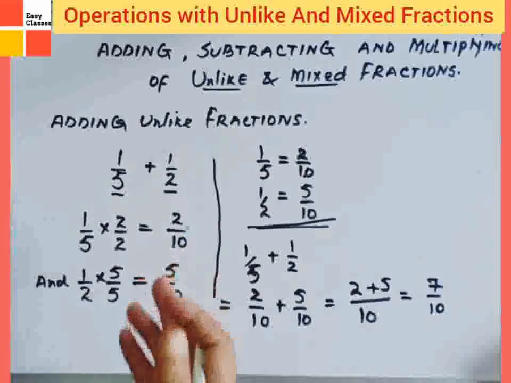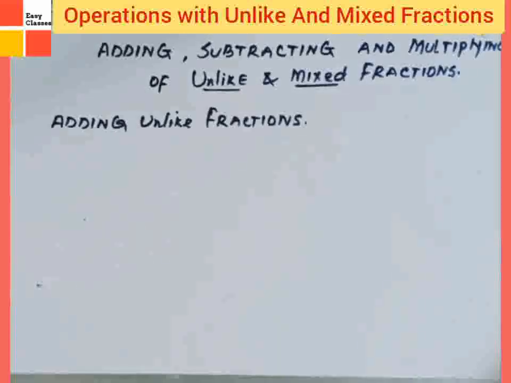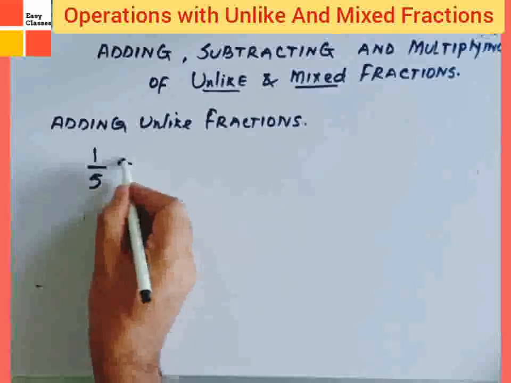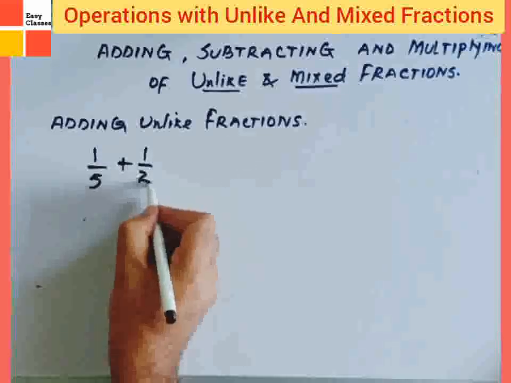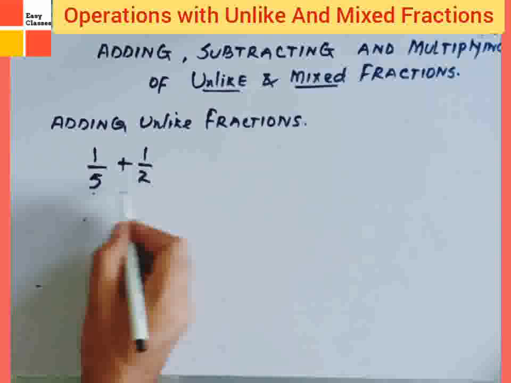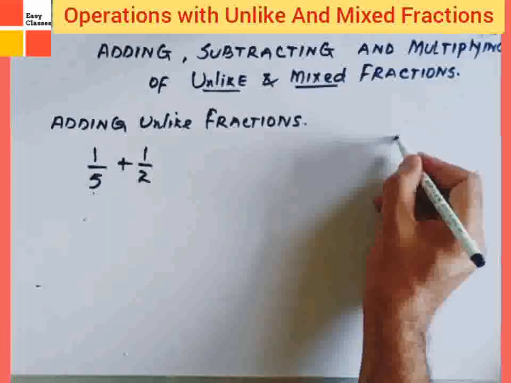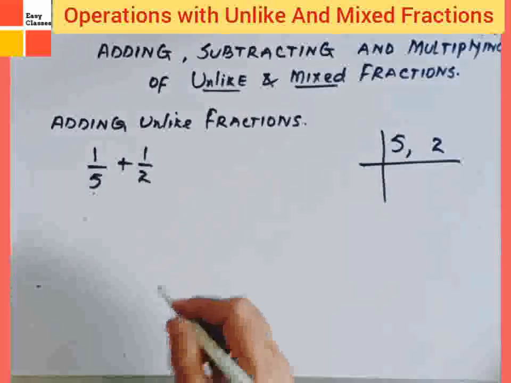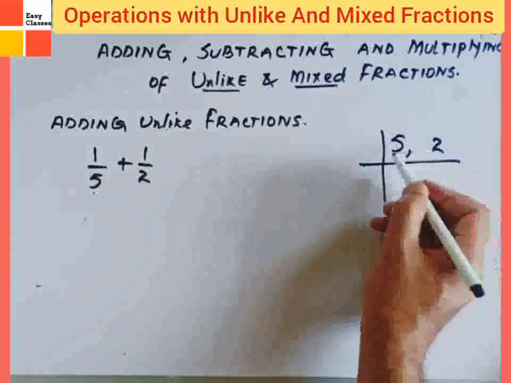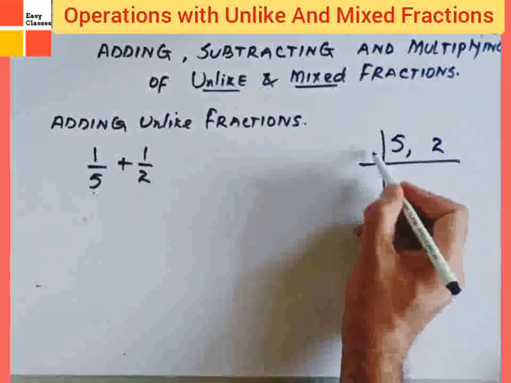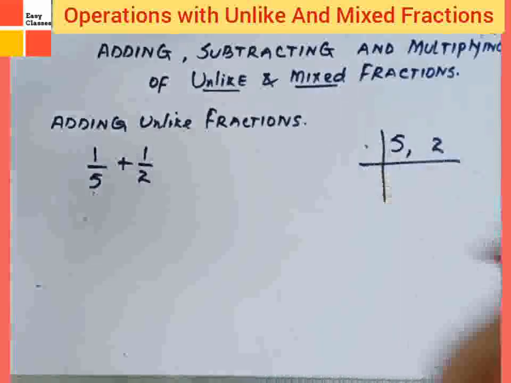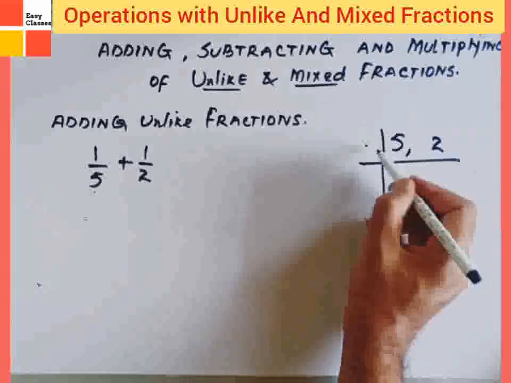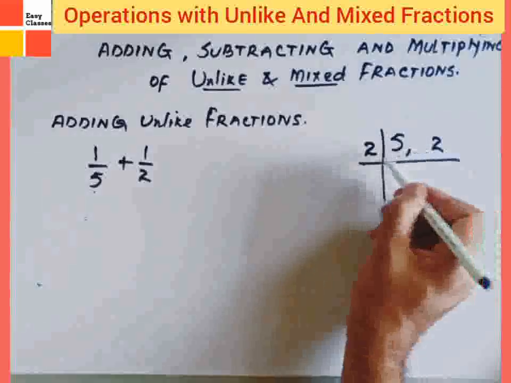Okay, so there is one more method with the help of which we can add these unlike fractions. Let's talk about that. See, I will write these unlike fractions again: 1 by 5 plus 1 by 2. These are the denominators. I will take the denominators here, and I will try dividing these two numbers by 2.